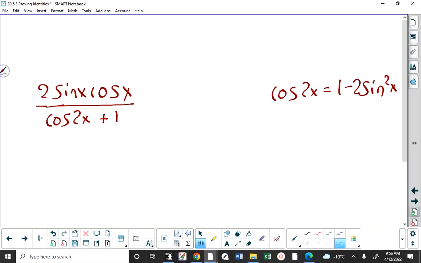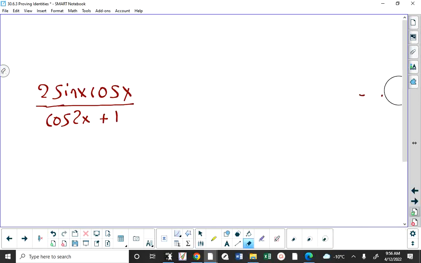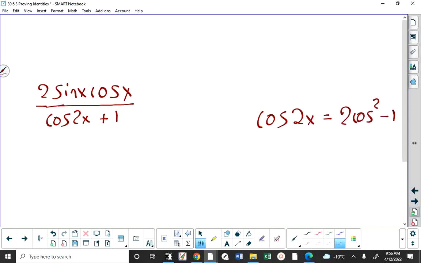And I guess that's not the identity we're going to use. We're going to use cos 2x equals 2 cos squared x minus 1.